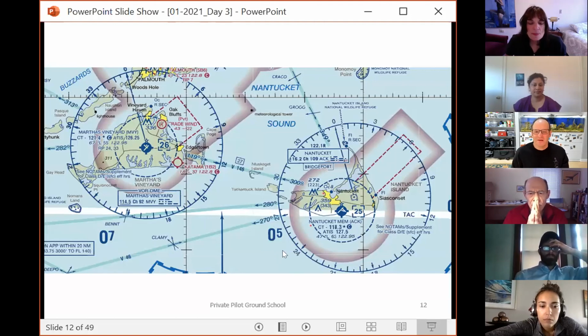Yeah, can you highlight the magenta rectangle, Tina, up to the right? So basically that's telling you that somebody's going to come in from that area on an instrument approach. Okay.